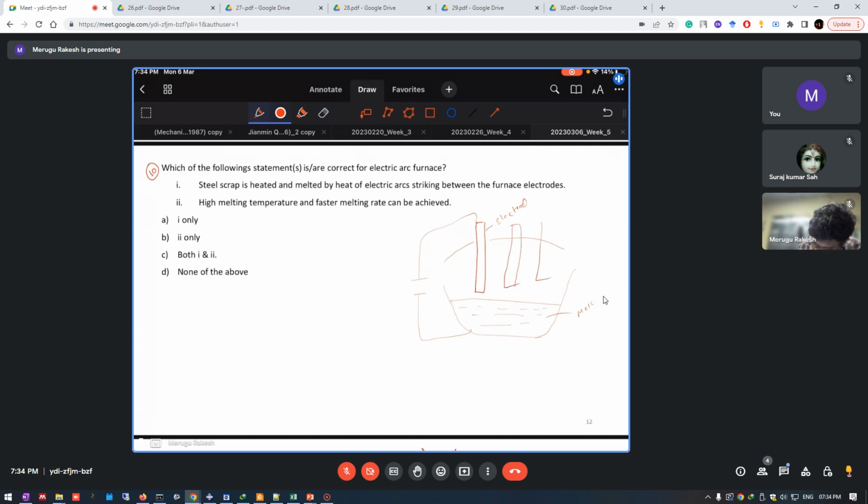There will be a generation of arc between them, which is enough to melt the metal. So the first option is steel scrap is heated and melted by heat of electric arcs striking between the furnace and electrode.